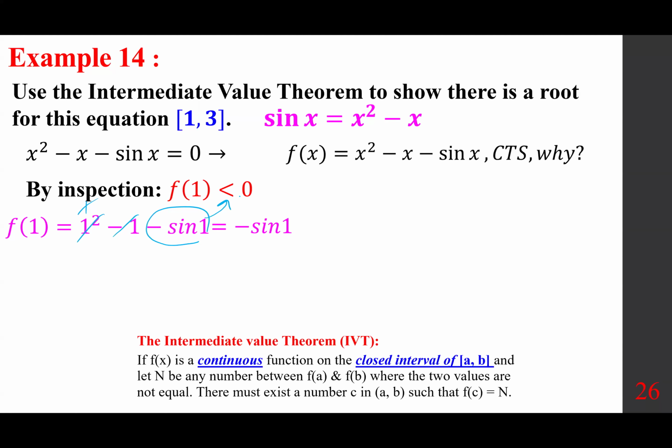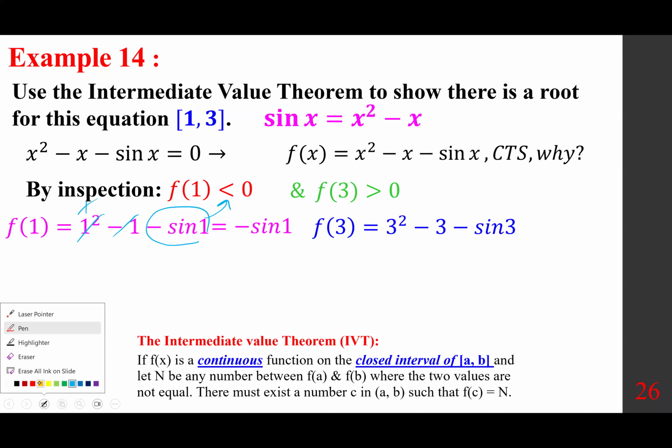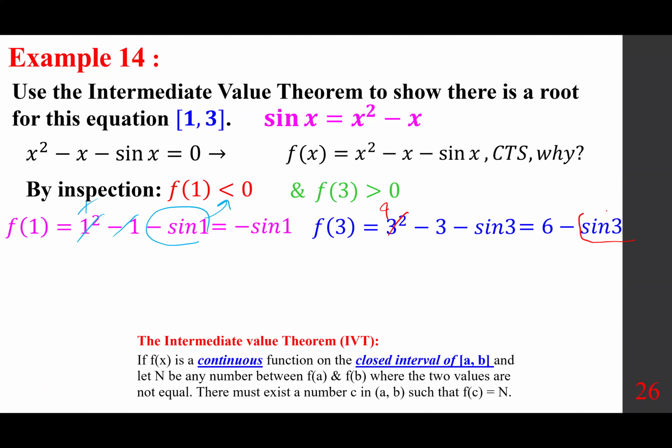Now, if we put in number 3, that's larger than 0. How do we know that? Well, just plug in. This is 9 minus 3 is 6. 6 minus sine 3. As you know, the largest value of sine is 1.